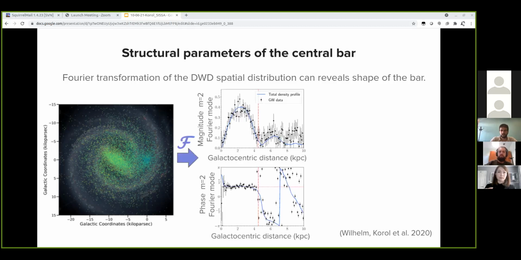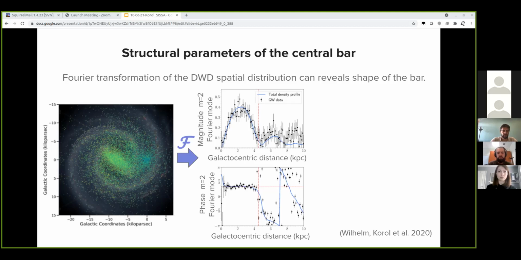In the center, you see the magnitude on the top and the phase at the bottom panel of the m=2 Fourier mode. I'm plotting specifically this mode because it is the strongest mode when you have a bar-like structure. The other modes are either 0 or lower than this one. And I'm plotting it here as a function of galactocentric distance.